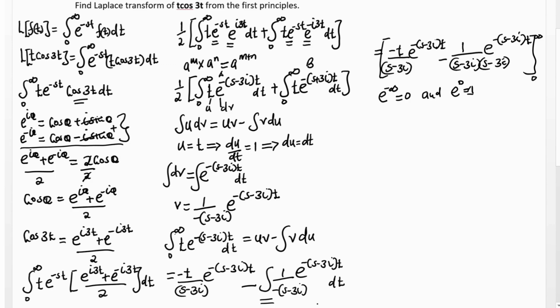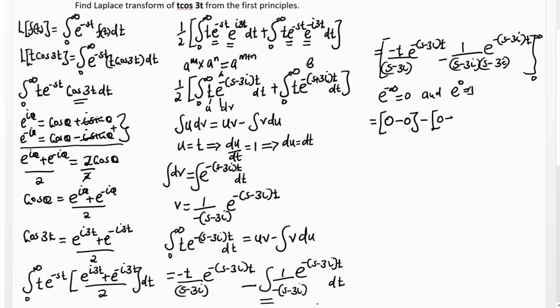Anything raised to 0 equals 1. So we substitute the first limit, which is infinity, where there is t. Our answer is 0 for the first part, and for the second part also 0. Then we subtract when t equals 0. So the first part of our equation is equivalent to 0.